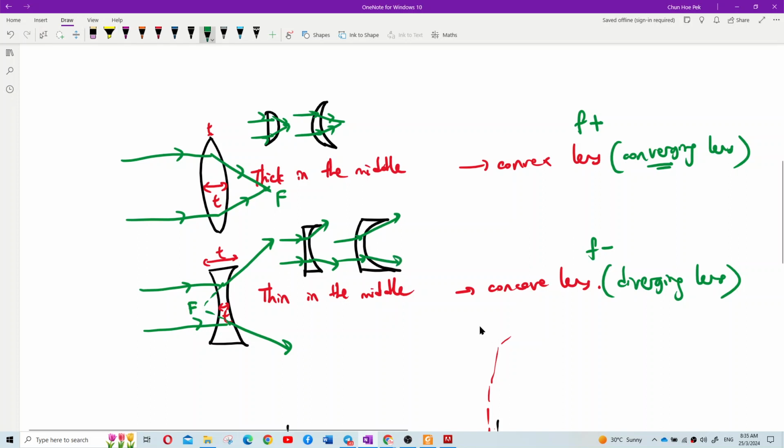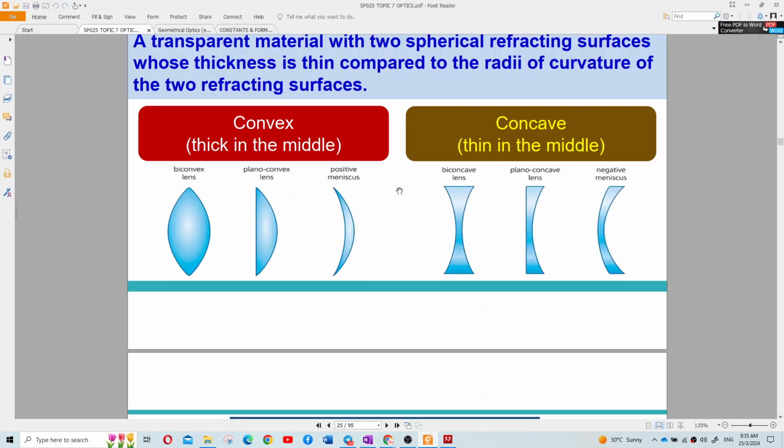They all diverge from the focal point. No matter if it is biconcave, plano concave, or concave meniscus, they all have negative f. Diverging lens. Okay. We have biconcave because both sides are concave, plano concave, and this one also called concave meniscus.